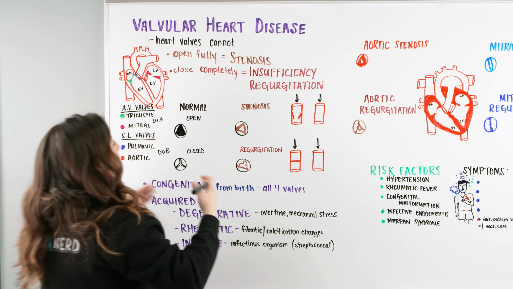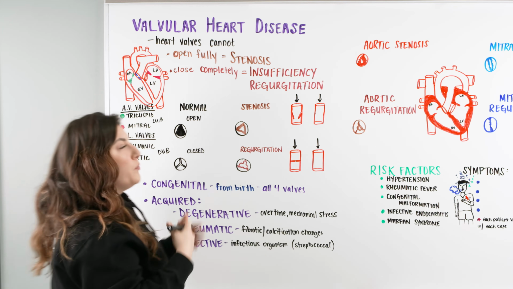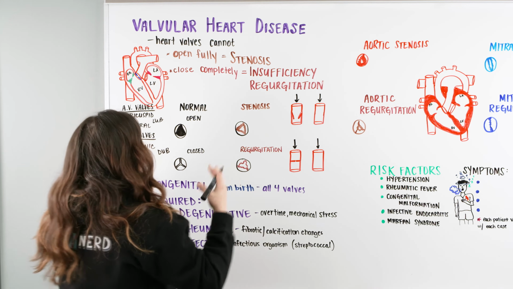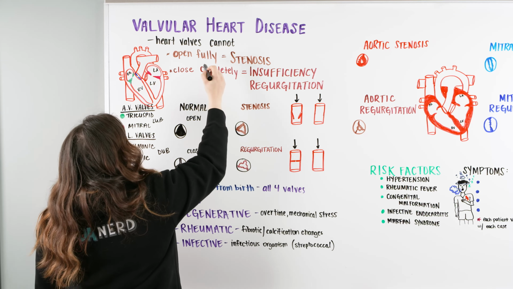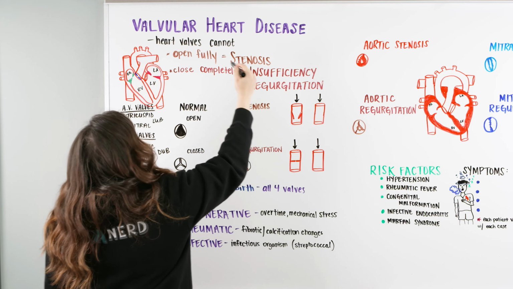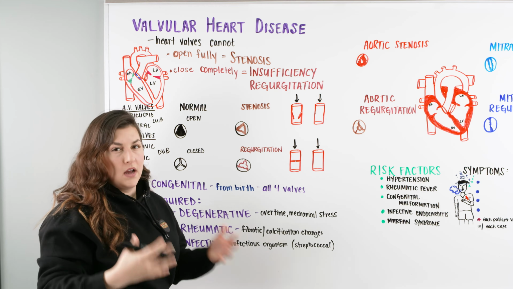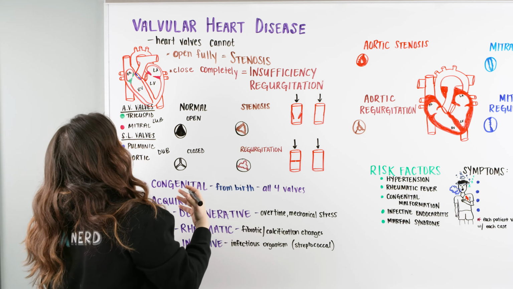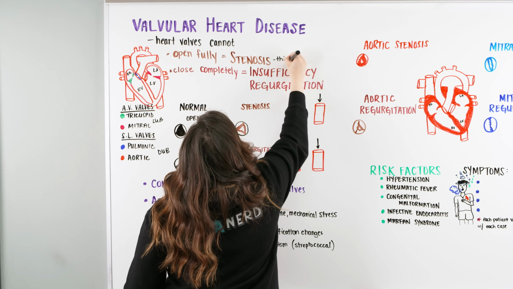When we have valvular heart disease, we have some problem with either the valve opening properly or the valve closing properly. When a valve doesn't open fully or isn't opening the way it should, we call that stenosis. When we talk about a stenotic valve, we're talking about this insufficiency to open, and typically the valve can also be thickened.